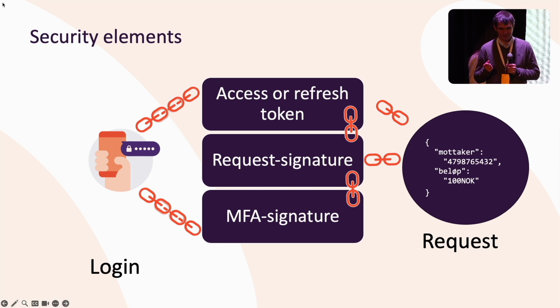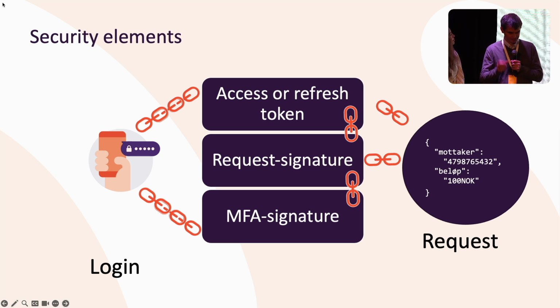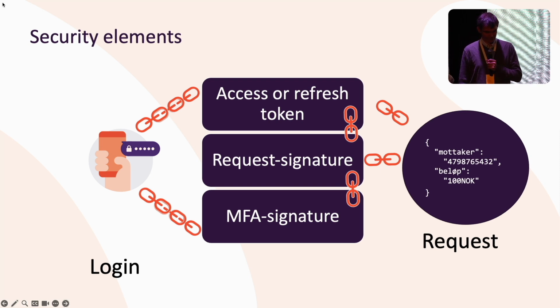I also briefly mentioned that we sign each request with this private key that is created when the app first contacts the Vipps backend. In addition, I've spoken about this key that is calculated when you log in, that is supposed to be the same on the app and the backend side. And these are all present in a request to the backend, and are used to prove different things.